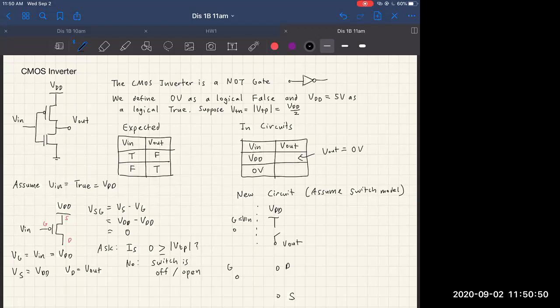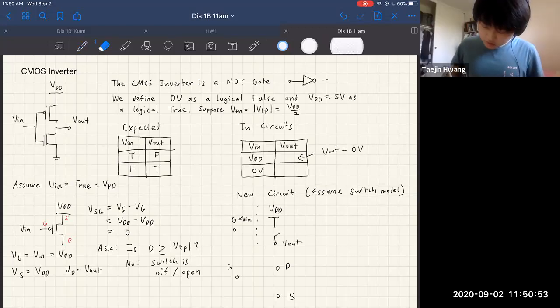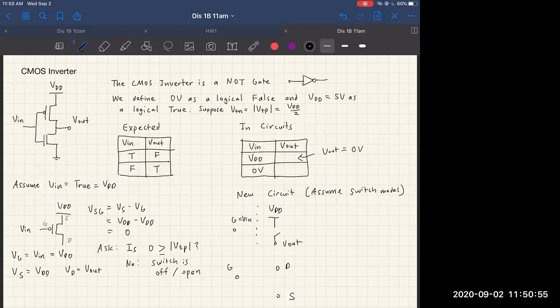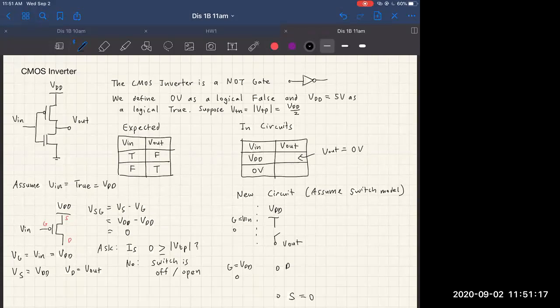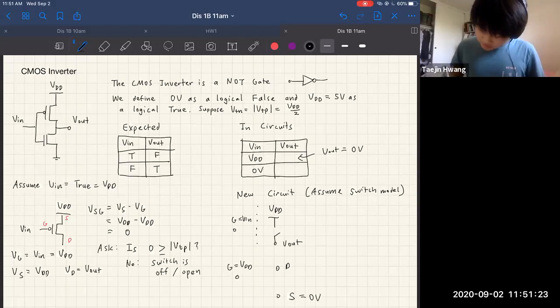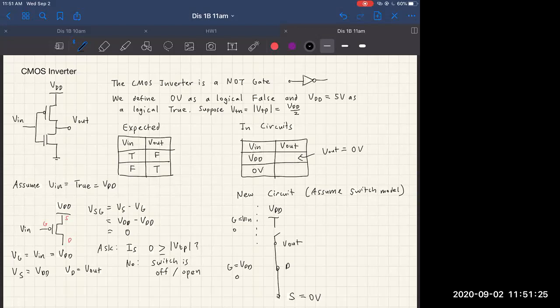Well, V in is equal to VDD, right? Yeah, so you have V in to the bottom of the NMOS, which is VGS, which is VDD. So the NMOS would be on, and therefore the switch is closed, and you have V out connected to the ground, which is 0.